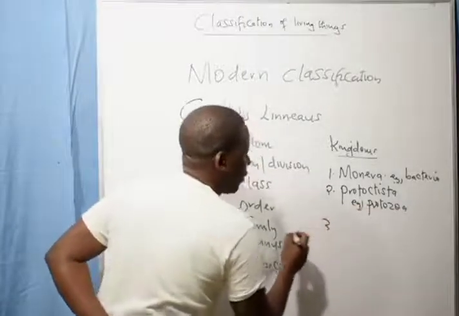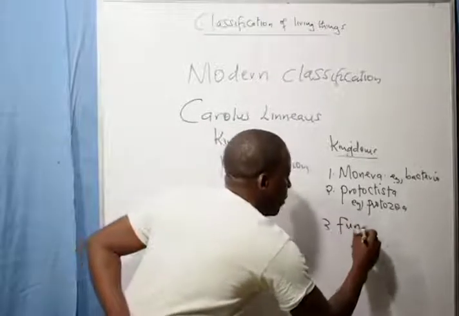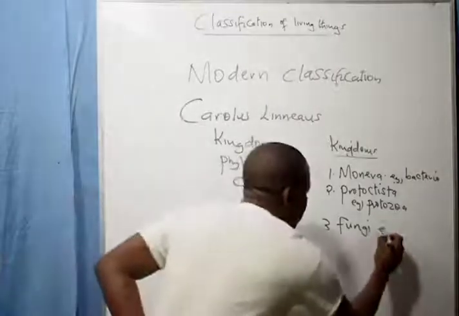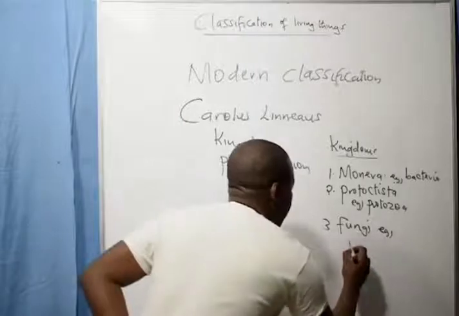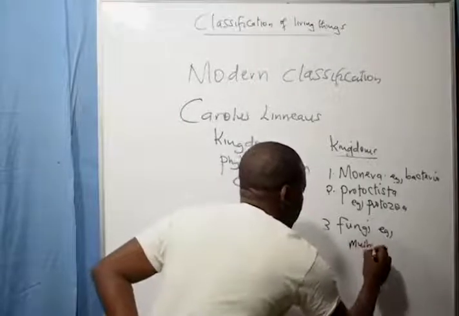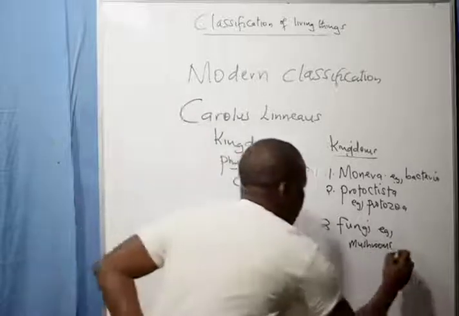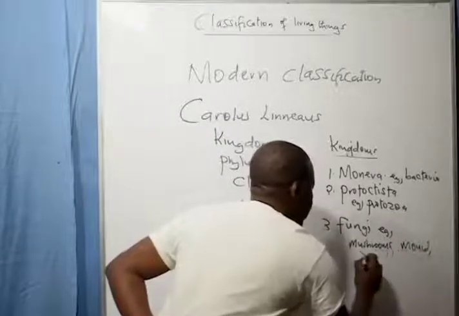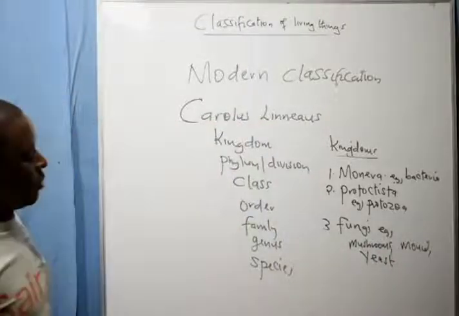The third kingdom is called kingdom fungi. Here we give examples of mushrooms. We can give mold. We have yeast. All these belong to kingdom fungi.